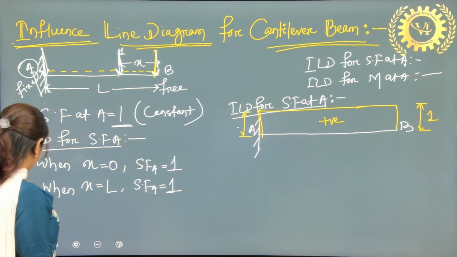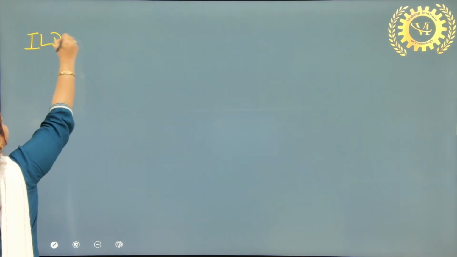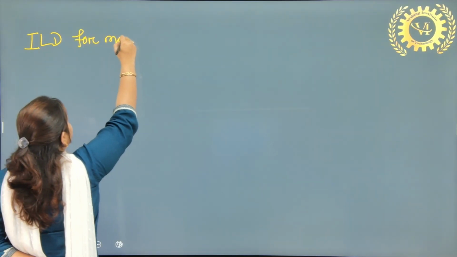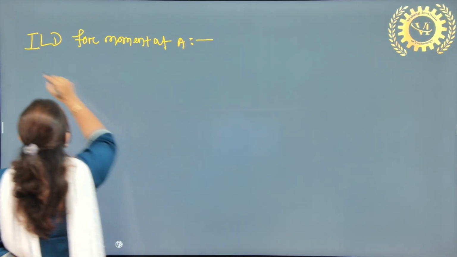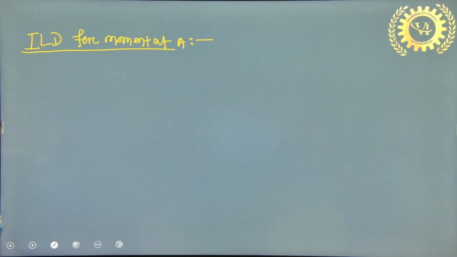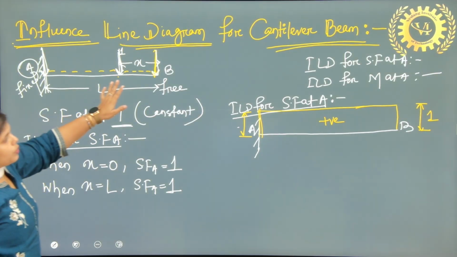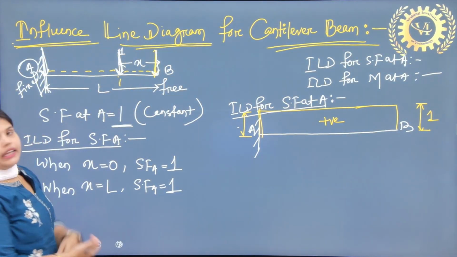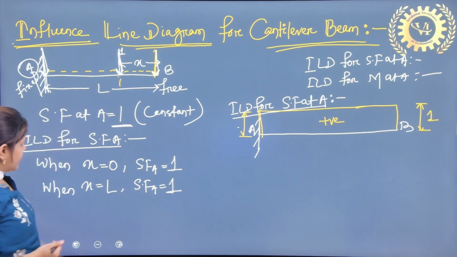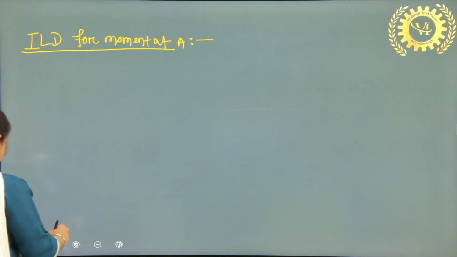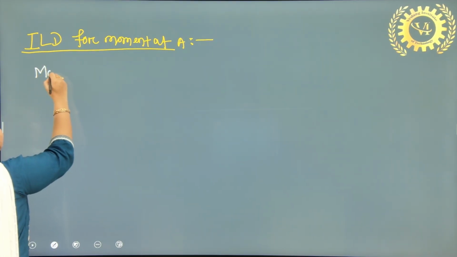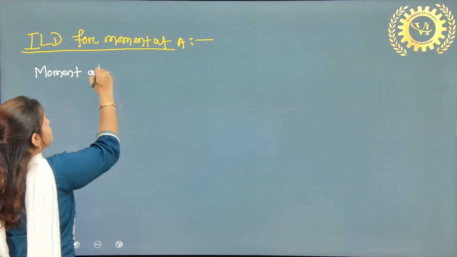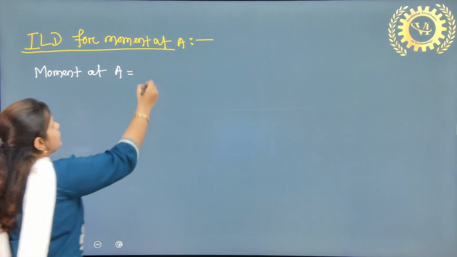Similarly, we'll go for the ILD for moment at A. We know how to find the moment: we can find it by multiplying the shear force by the distance. So here I can write that the moment at A will become 1.